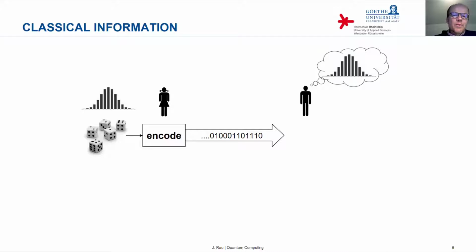The outcomes of the random experiment that she performs have some probability distribution, and we assume that Bob also knows that probability distribution.